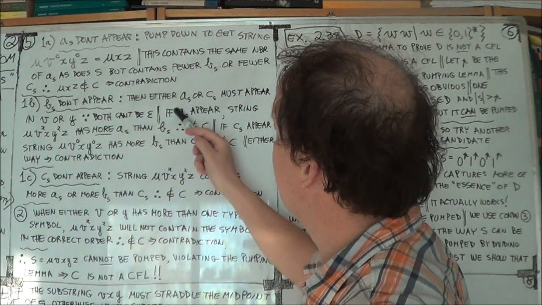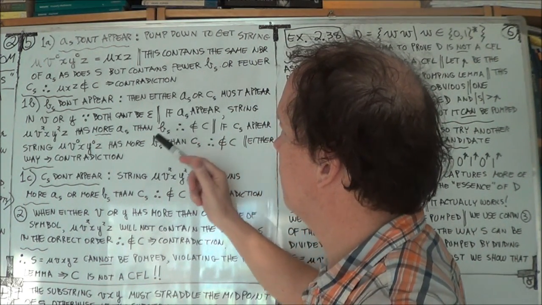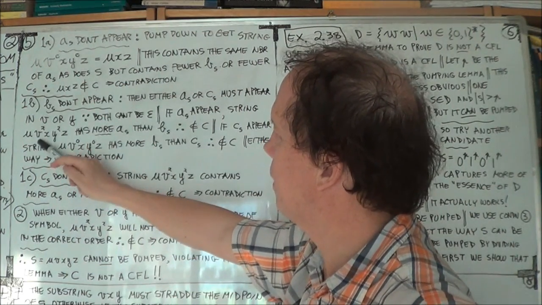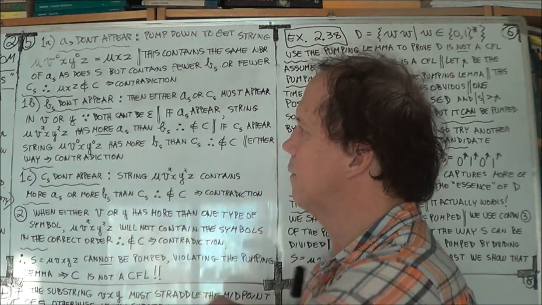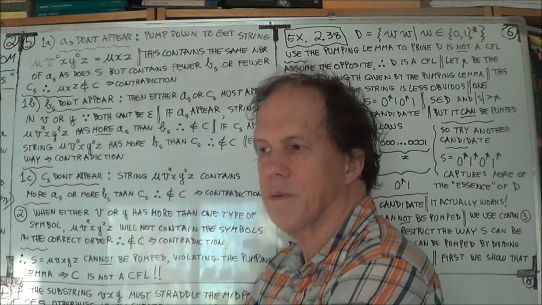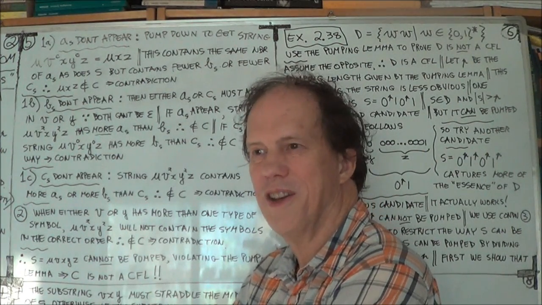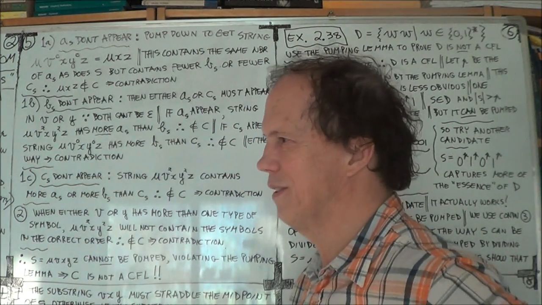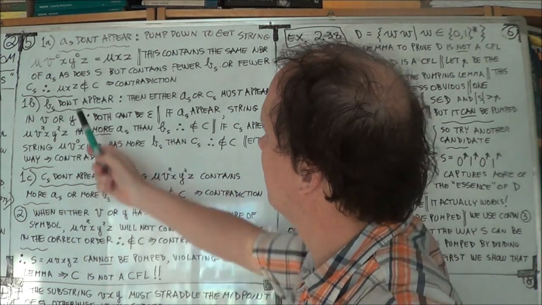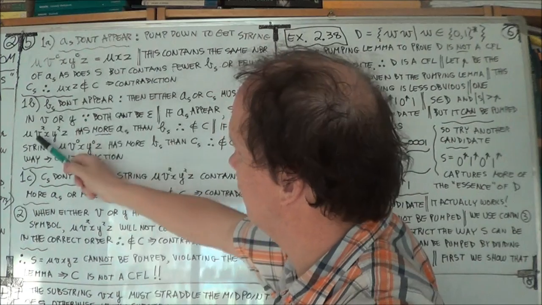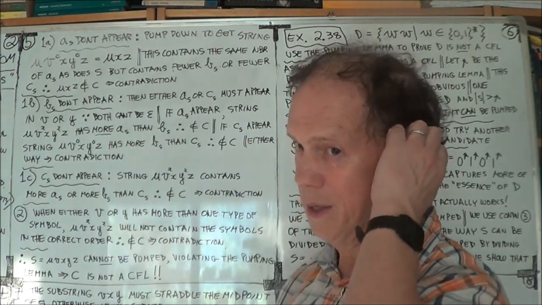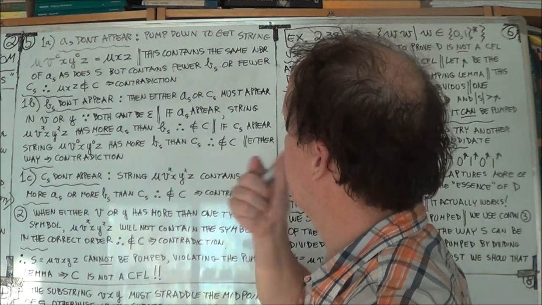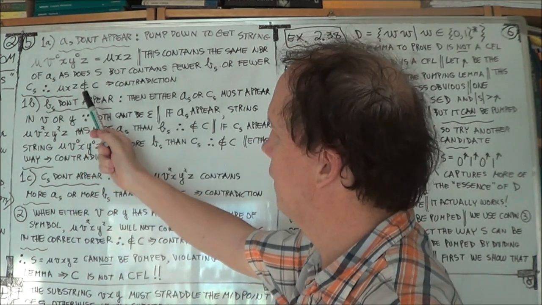Now, if the A's appear, then when you pump it up, now here we pump down, here now we're pumping up. Why the difference? Well, to get it to contradict. That's the art of a proof. So here we pump down because of 0, and here we've gone up 1, so we're pumping up.